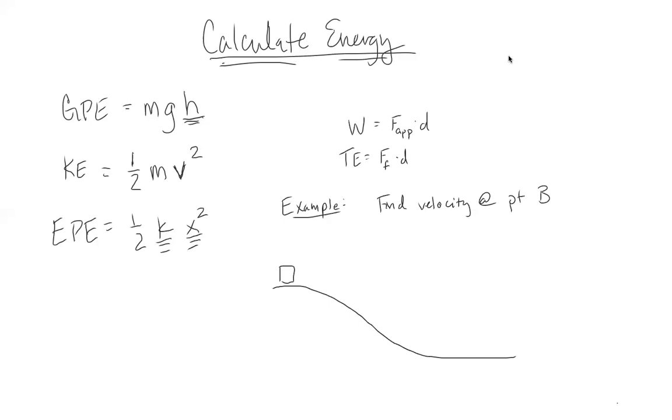This is point A, and the cart travels to point B. At point B, it reaches the reference point of 0. So that cart starts at some height H from the reference point that we set.